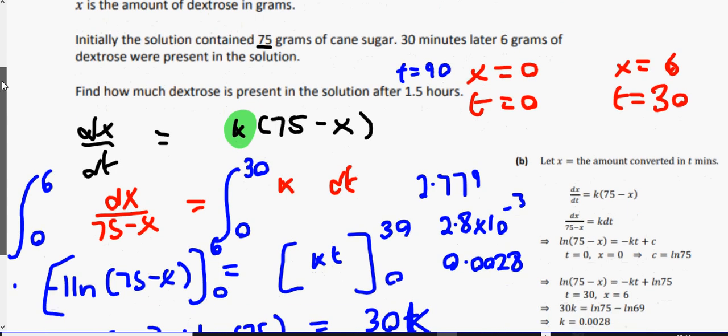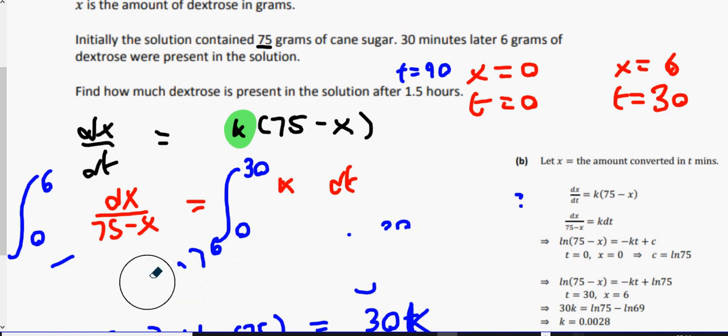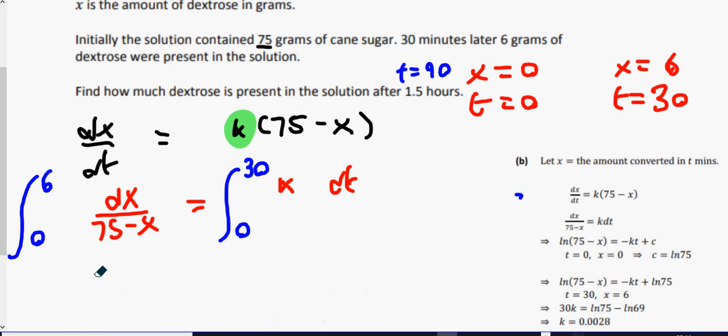How much dextrose is in the solution after 1.5 hours? So I'm actually going to go back to this place here, where we were a couple of lines ago. What if I change my k value to 0.0028? Is that okay with you guys?